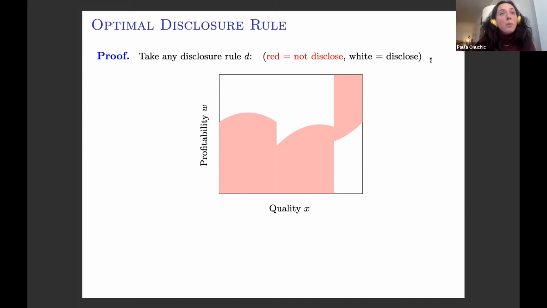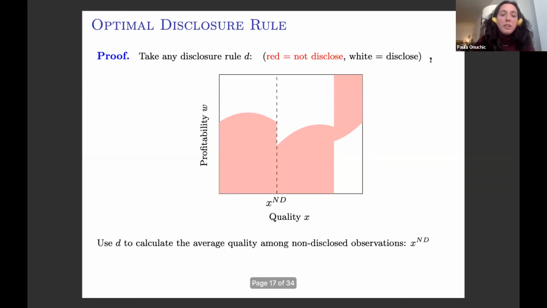Knowing the disclosure rule, I can use it to compute what that X of non-disclosure is. I can just compute the average quality amongst all the situations in which the sender chooses not to disclose this signal. So what is the average quality amongst all the red situations here? I can always do that. So suppose that it falls right here.